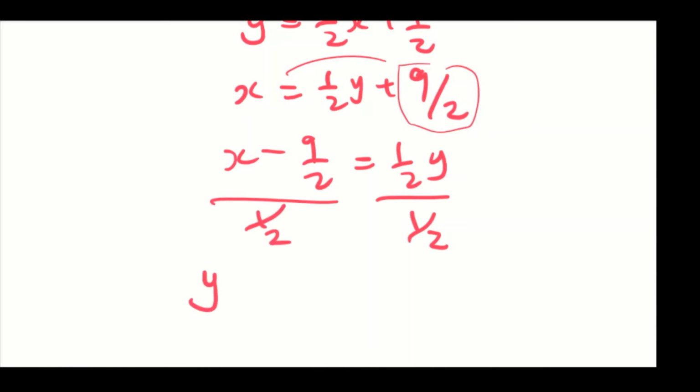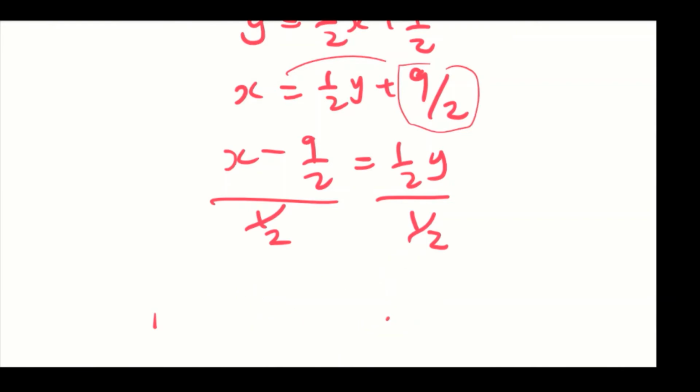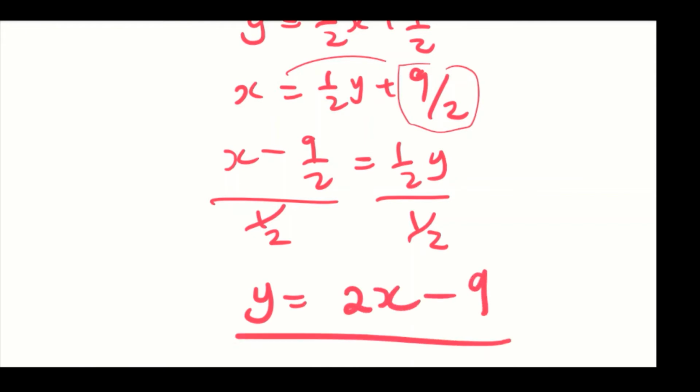So our y is going to be equals to 2x minus 9, right? So this would be your inverse of the function, which is 2x minus 9. So let me just write this 9 properly here. So it's going to be y is equals to 2x minus 9.